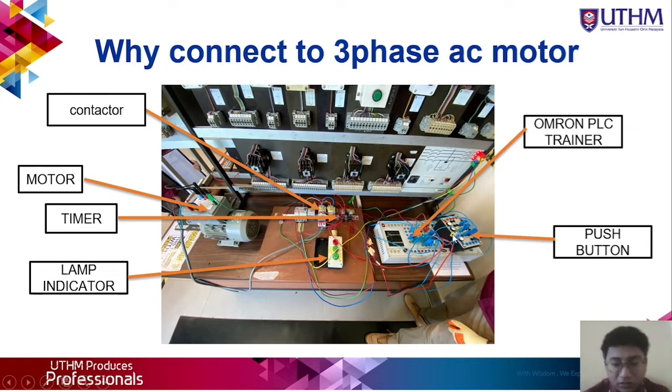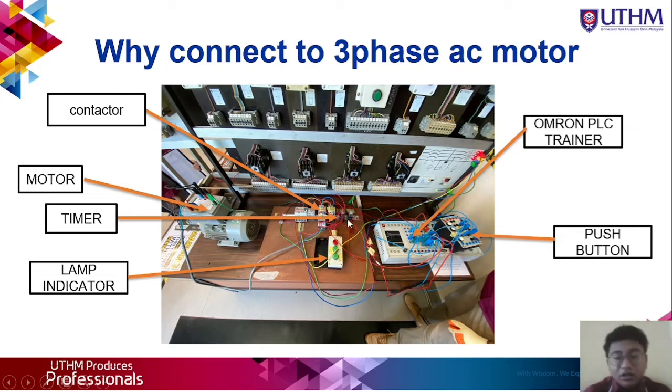We put a relay here at the trainer and connect the relay to the board, and the lamp indicator will connect to the contactor. Contactor 1 is set to manage the input and output at the motor, the circuit breaker, and the lamp also.